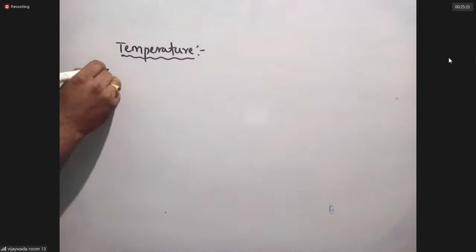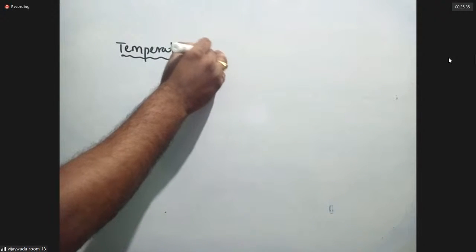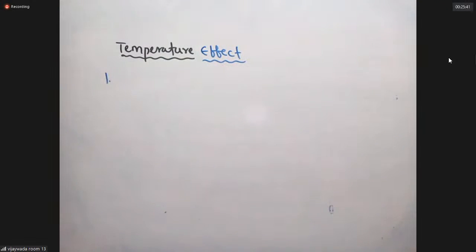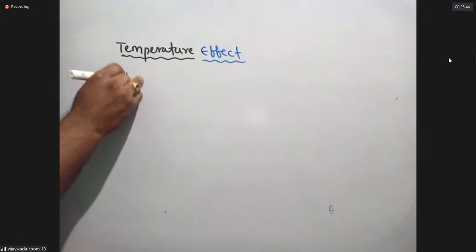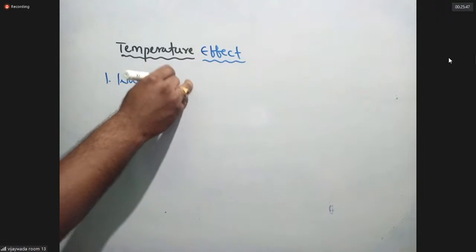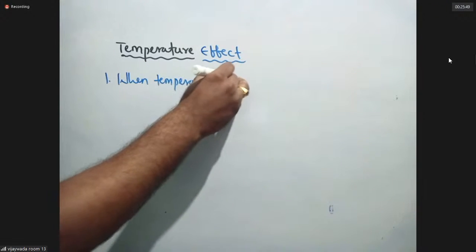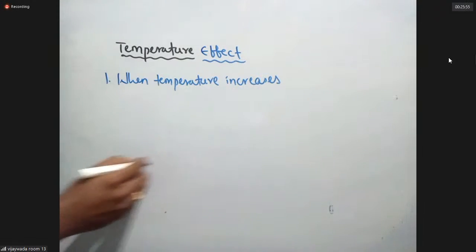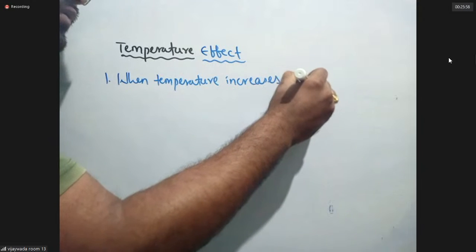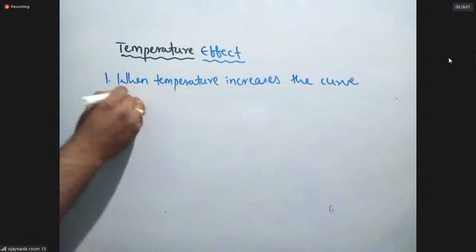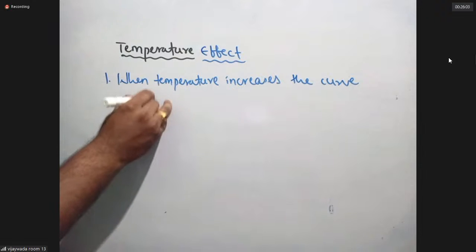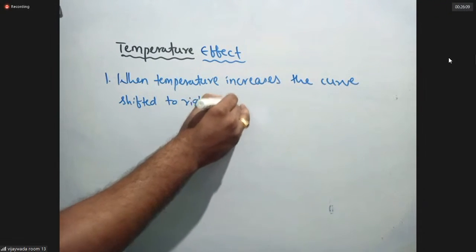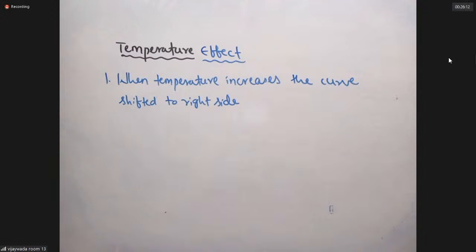So temperature effect, first point: when temperature increases, what we observed is the curve shifted to the right side.